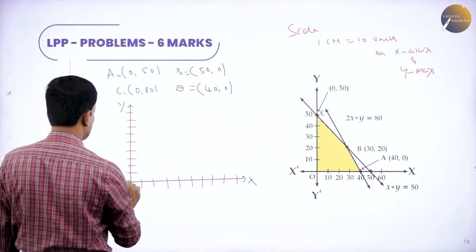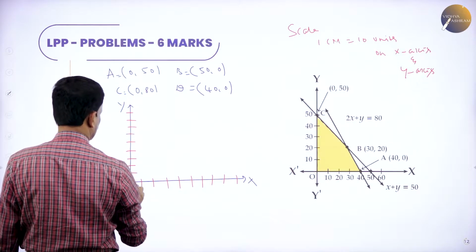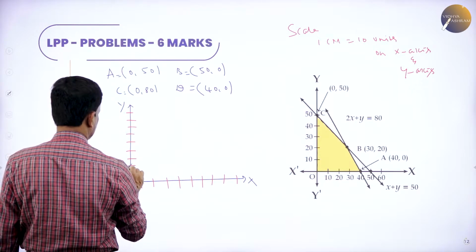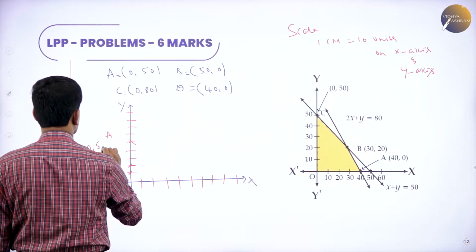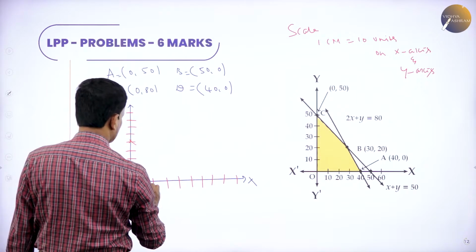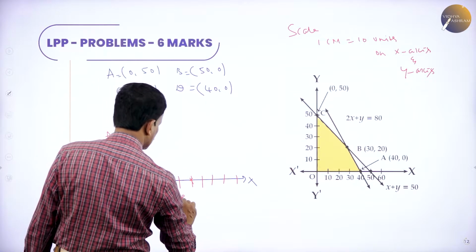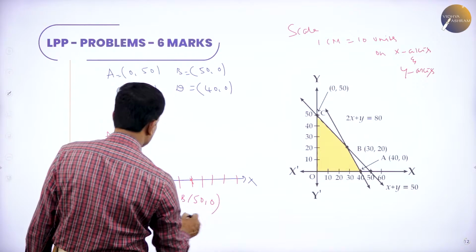Now A is 0 comma 50: x is 0, y is 10, 20, 30, 40, 50. B is 50 comma 0.